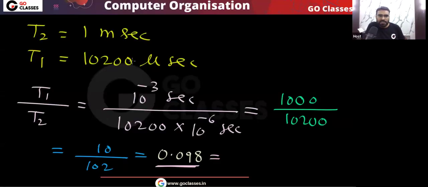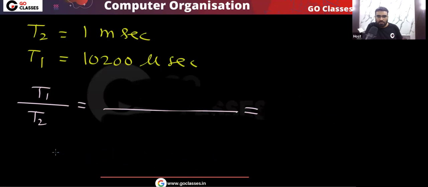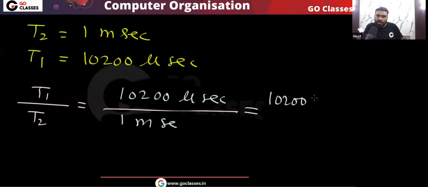Sorry, we made a mistake, right? The question is asking T1 divided by T2, and we have done T2 divided by T1. Let's do T1 divided by T2. What is T1? T1 is these many microseconds, and T2 is 1 millisecond. So the answer will be micro, 10 to the power minus 6, divided by 10 to the power minus 3.